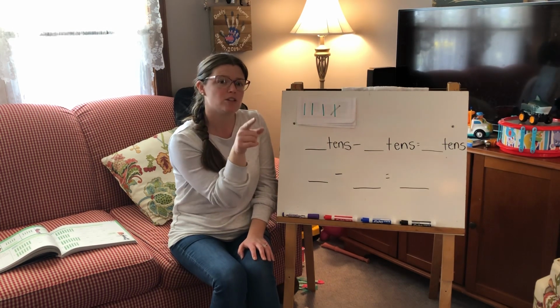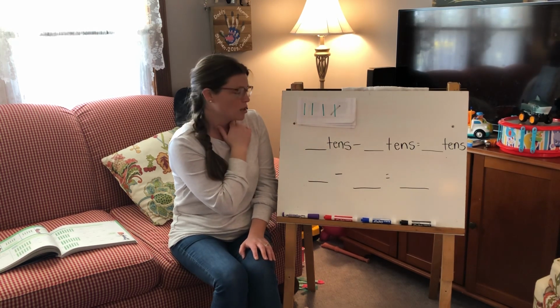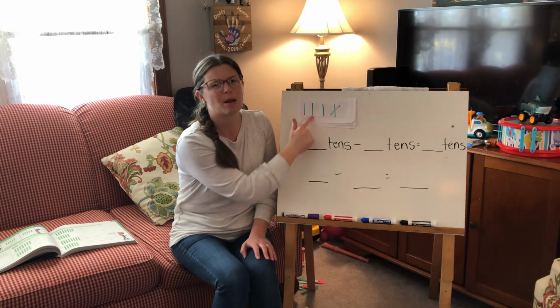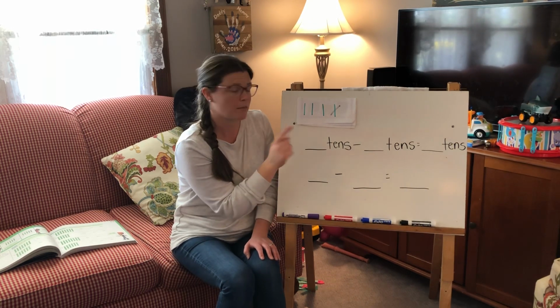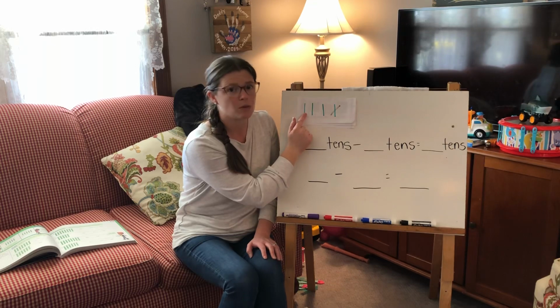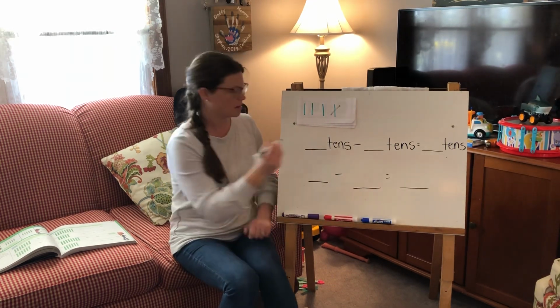The first thing we're going to do is count up all of the tens. Ready? First they want to know what's the number of tens that we have? I'm going to count just regular numbers. 1, 2, 3, 4. So all together, we have 4. And I'll write that right here.